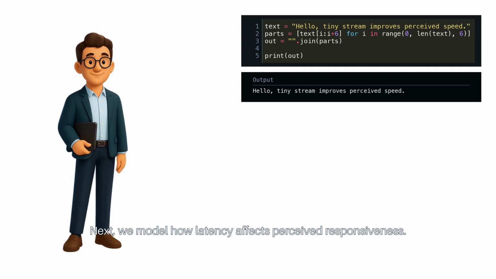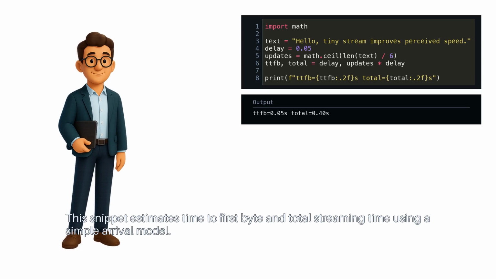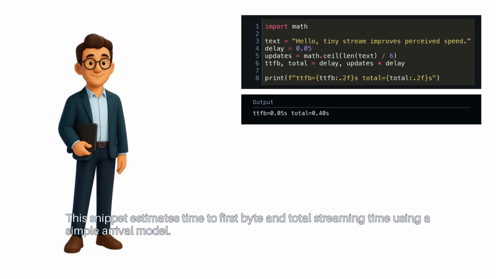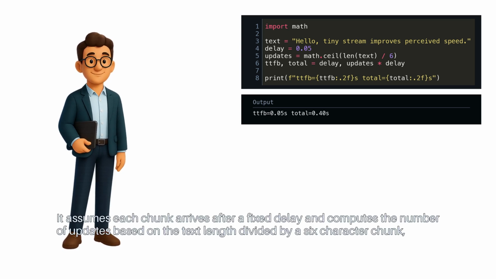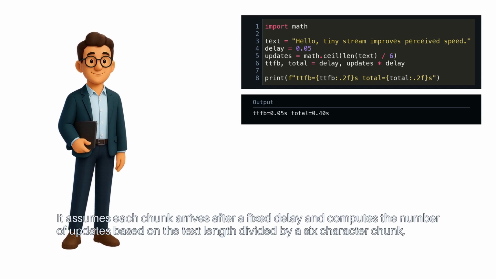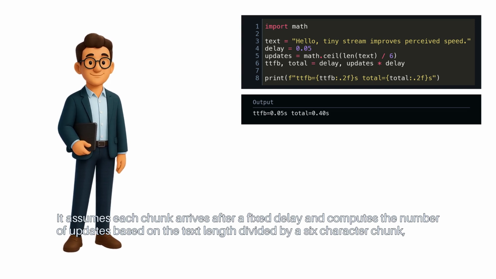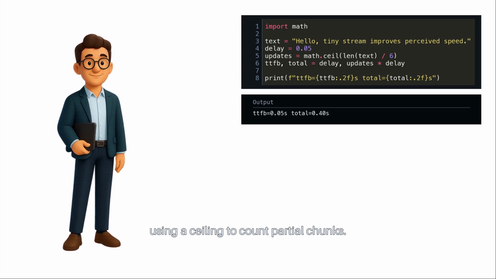Next, we model how latency affects perceived responsiveness. This snippet estimates time to first byte and total streaming time using a simple arrival model. It assumes each chunk arrives after a fixed delay and computes the number of updates based on the text length divided by a 6-character chunk, using a ceiling to count partial chunks.